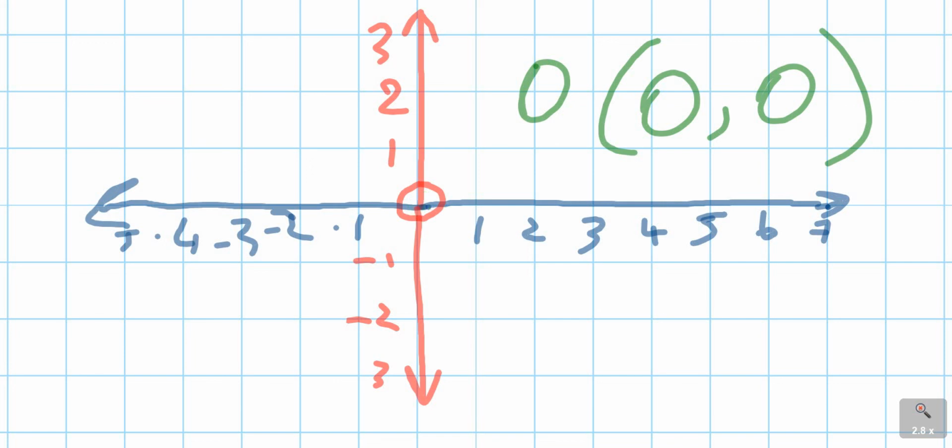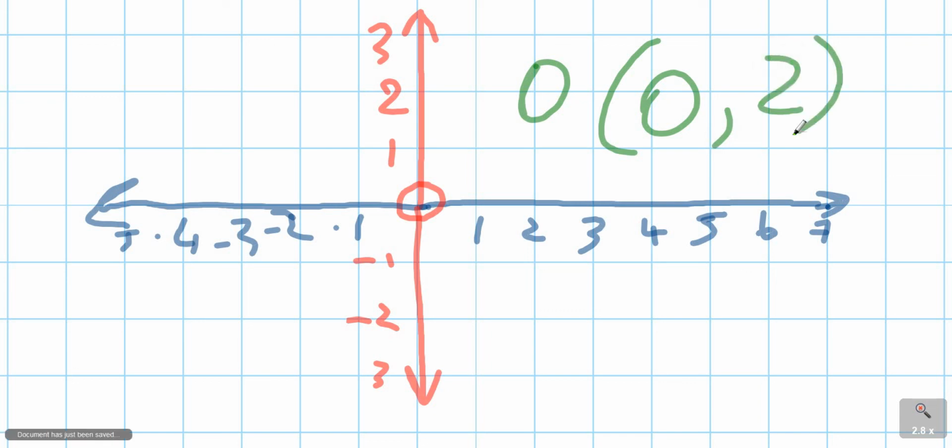And so what if I had 0 on the x and 2 on the y? Where would I put my point? Well, no movements on the x, but it says 2 on the y, so I will go 1, 2, and my point will be resting on the y-axis and not anywhere in the quadrants.